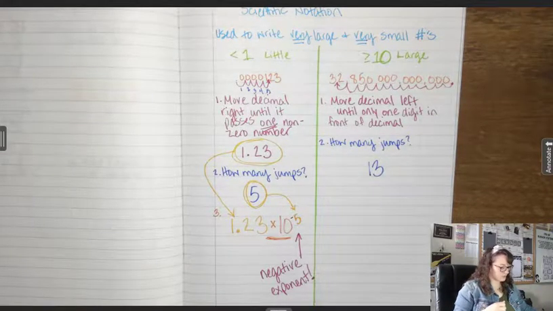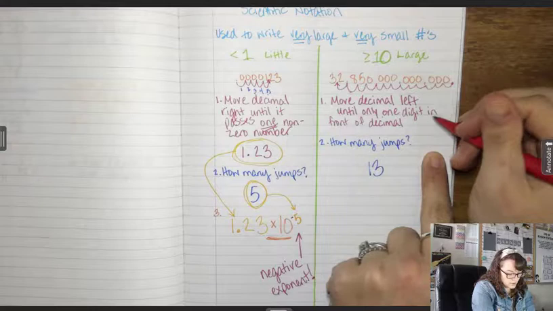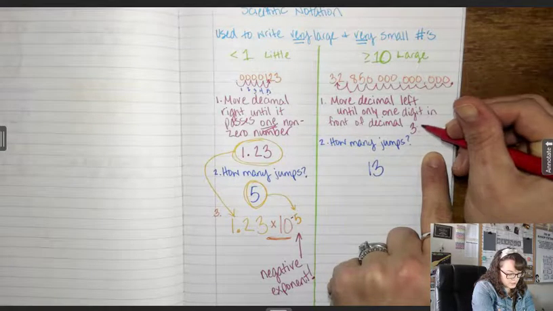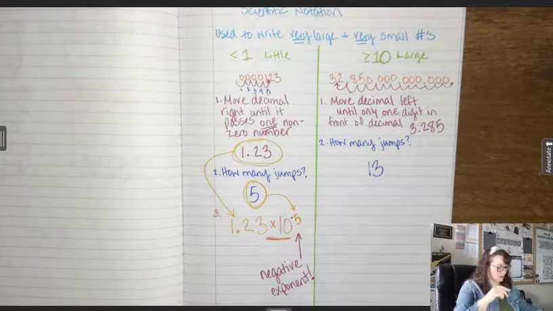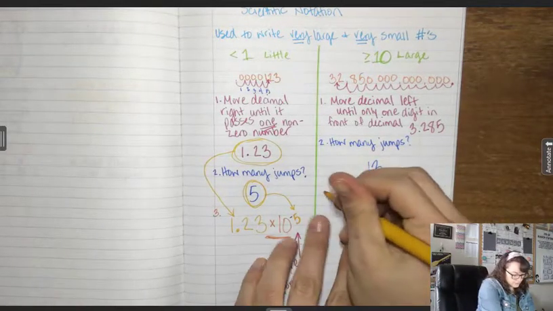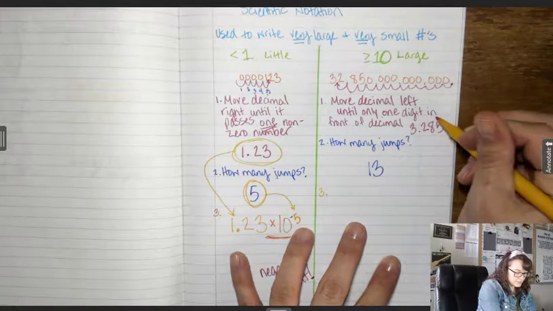Oh, I forgot to write down my number. Your number is 3.285. Step 3, I take this number.